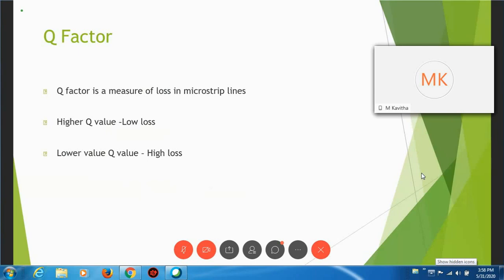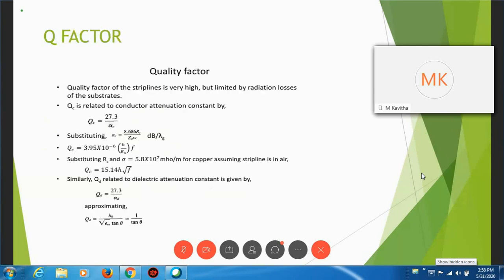Next slide. Let me give you the quality factor formula for microstrip lines. We have a separate formula for QC, when considering the conductor loss, and QD, when considering the dielectric loss. Similarly, we need to consider the quality factor with radiation loss.